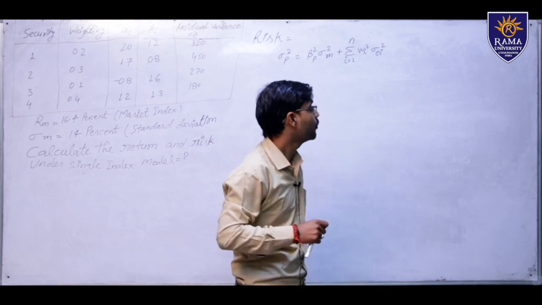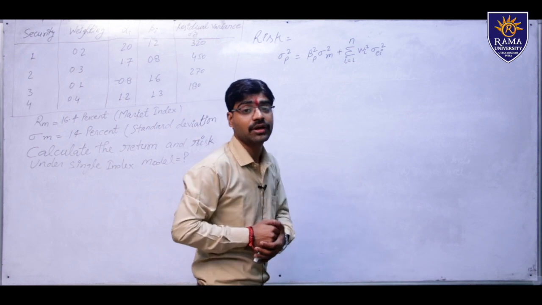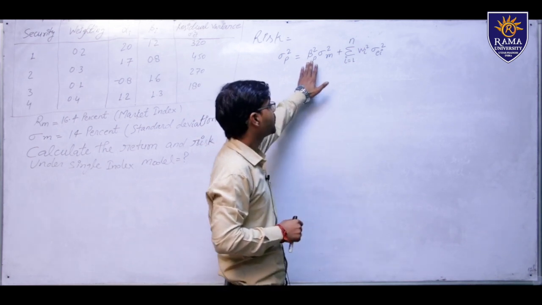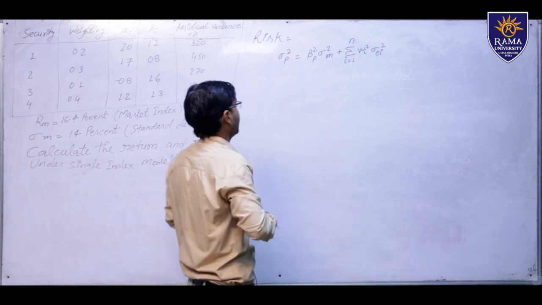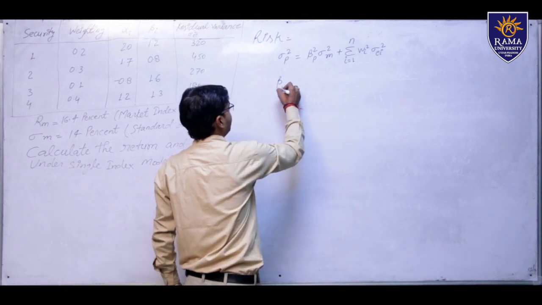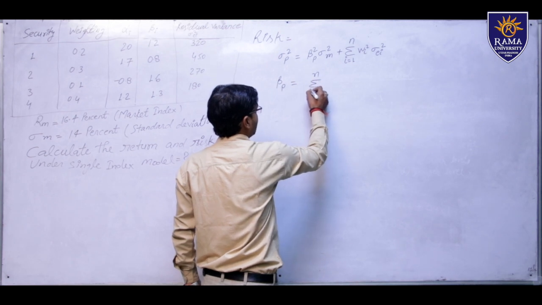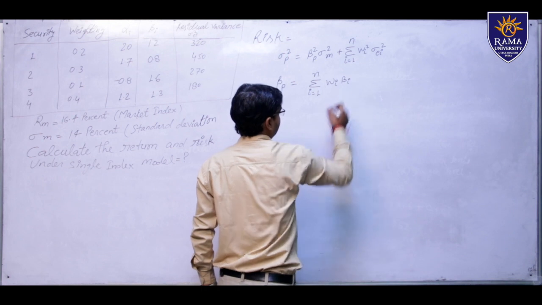So how can we calculate residual variance, and the value of beta portfolio? What is the value of beta portfolio? First you will calculate the value of beta portfolio. As you know, it is the summation from i equal to 1 to n of weighting i and beta i.